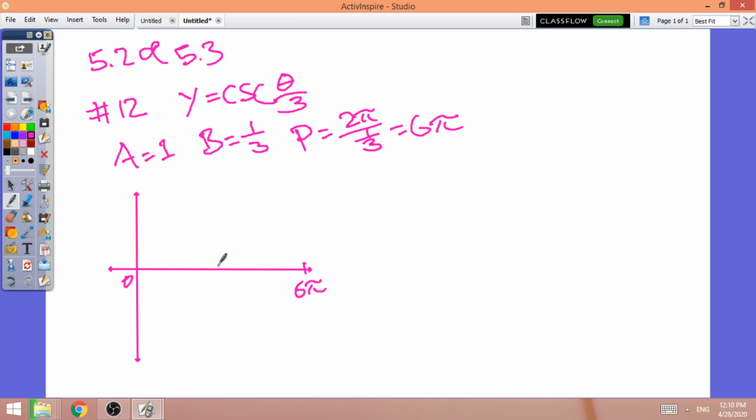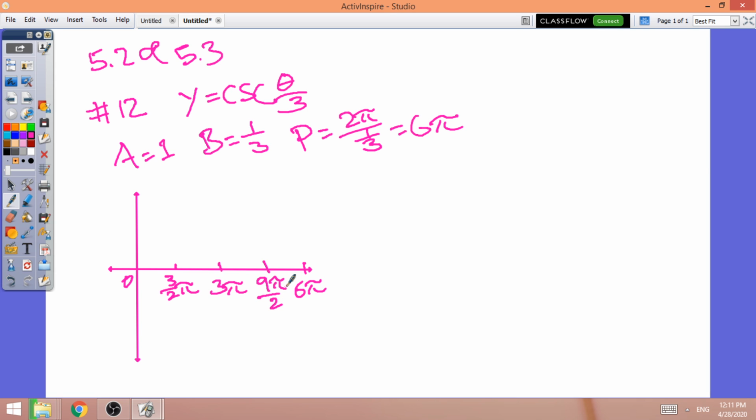Half of the distance between 0 and 6 pi is 3 pi, and half of the distance between 0 and 3 pi would be 1.5 pi, or 3 over 2 pi, and half of the distance between 3 pi and 6 pi is 9 pi over 2.